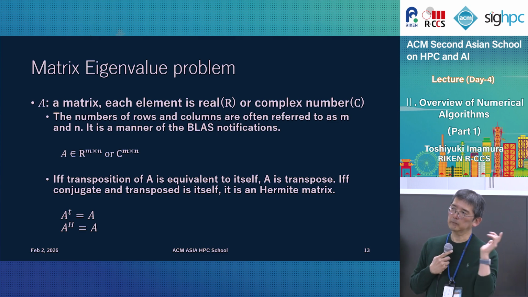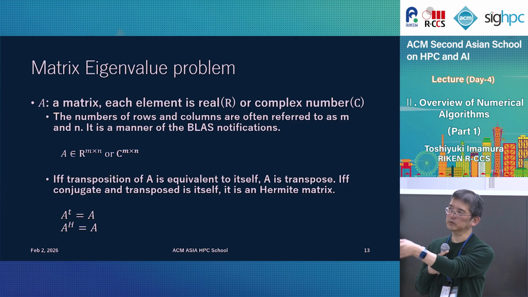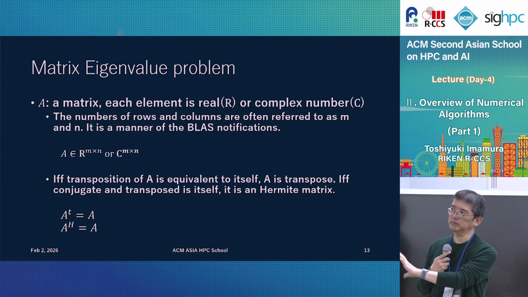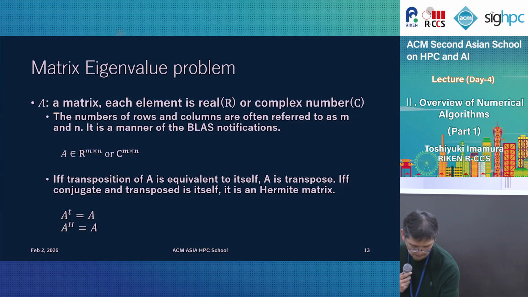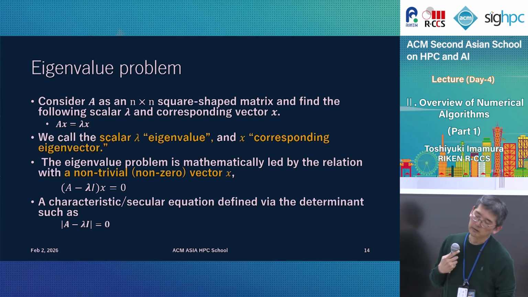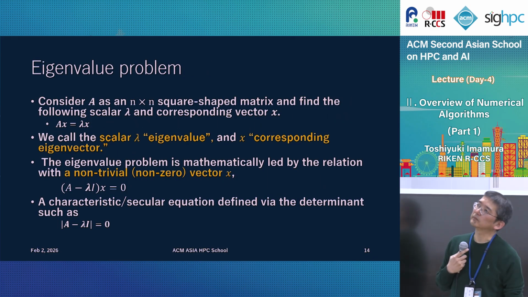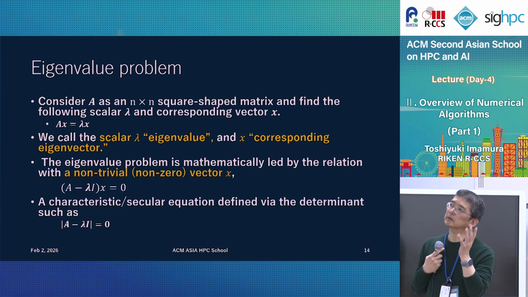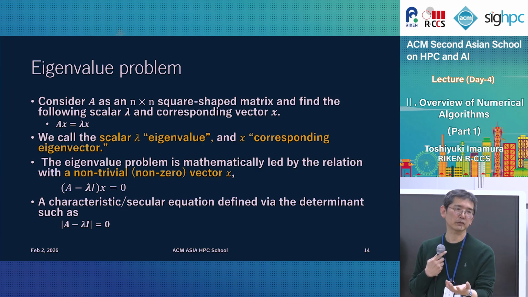In this materials science lecture, we will deal with either transposed or Hermite matrices. To solve the eigenvalue problem, the eigenvalue solver, the matrix should be square, n by n.